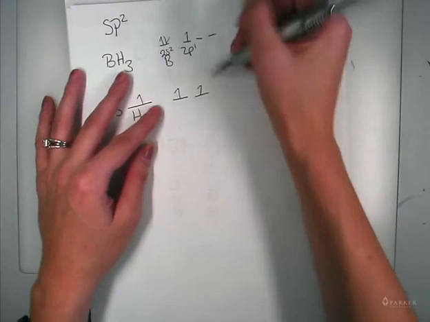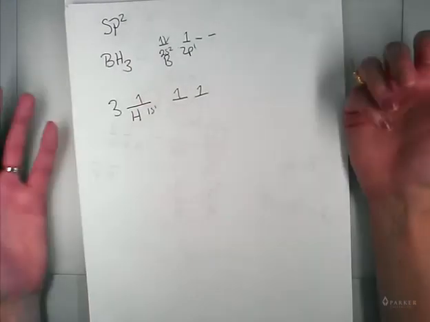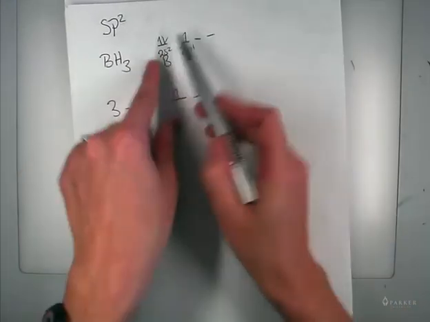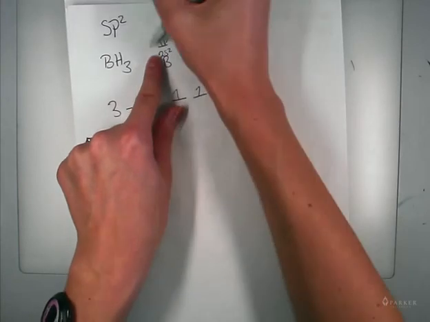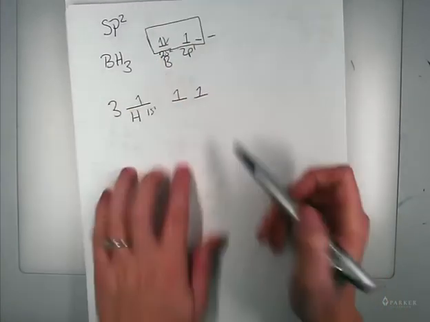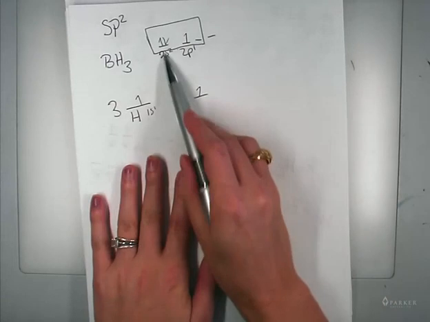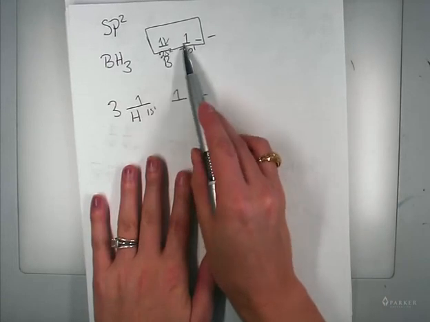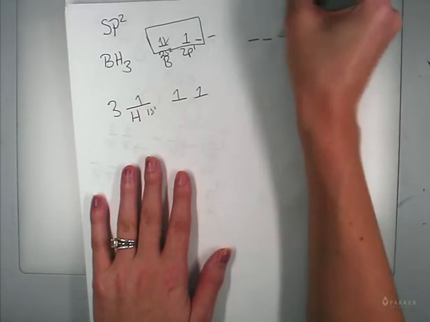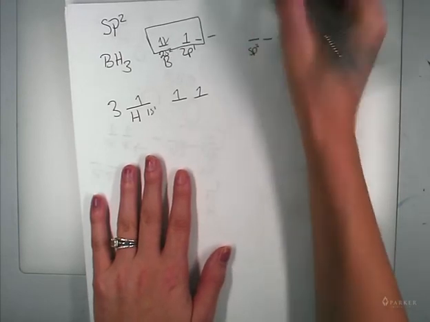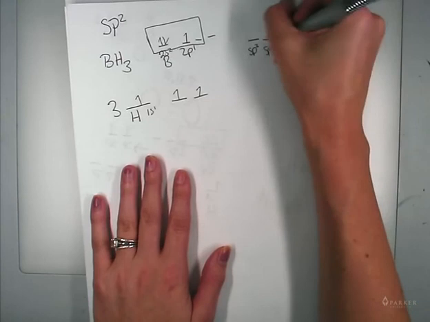I want 3 unpaired arrows, so how many lines do I need? 3. So you always start at the end, you go 1, 2, 3. What did I combine here? I have 1 S and 2 P's, so now I have 3 lines that are now called SP2, because 1 S, 2 P's.